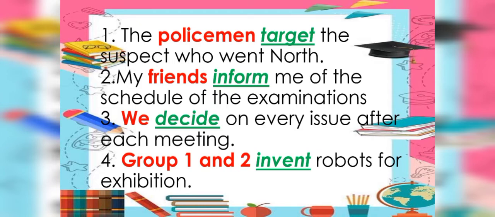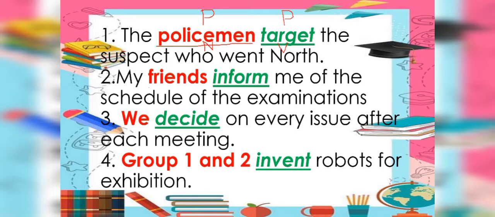In our example number 1, policemen is our noun or the doer of the action, and policemen is in a plural form of noun. And the verb we use is the verb target. As we said a while ago, the verb that is without s is in a plural form of the verb.